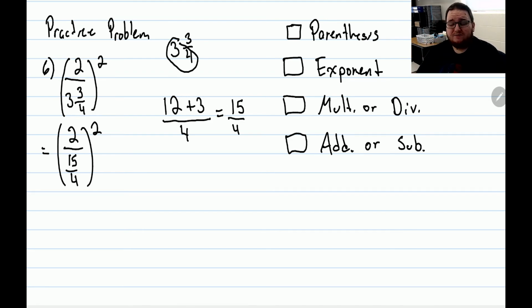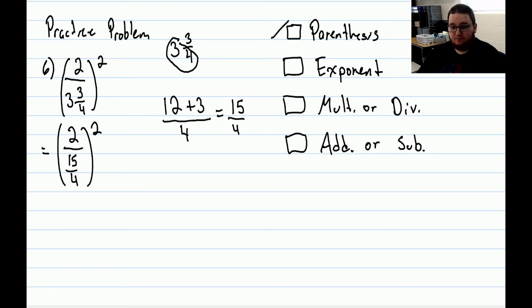Now, whenever we divide by fractions, we're going to do something called flipping and multiplying. But before we get there, we have to check our order of operations. Do we see any parentheses? Yes. So that's where we're going to start. We have that 2 divided by 15 over 4.